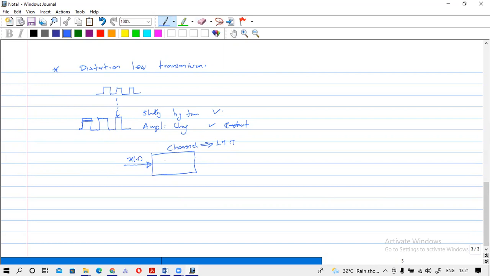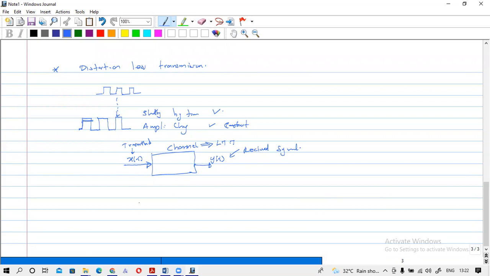It propagates through this channel and is received. The output of this channel is y(t), that is the received signal. So we have x(t), the transmitted signal, and y(t), the received signal.